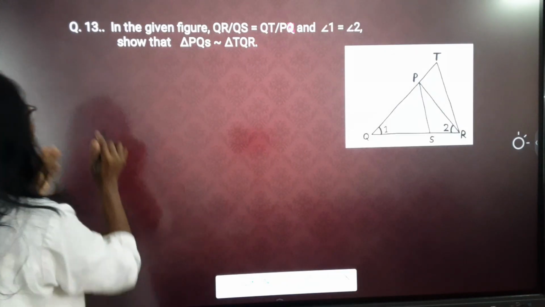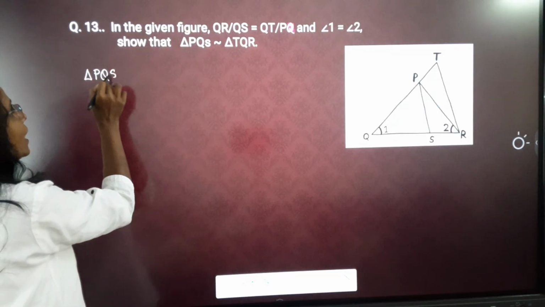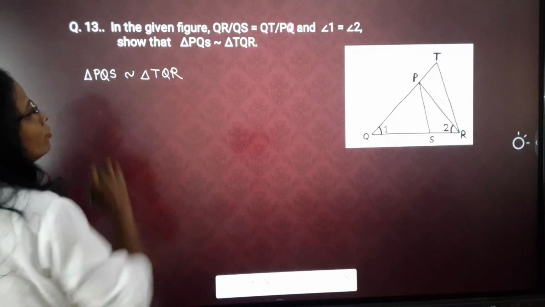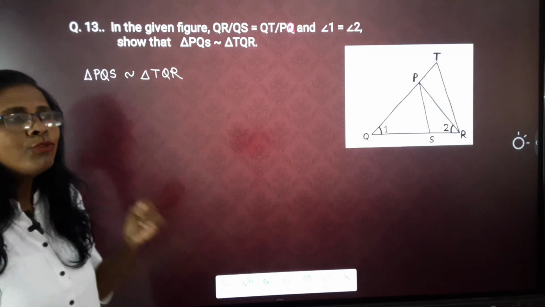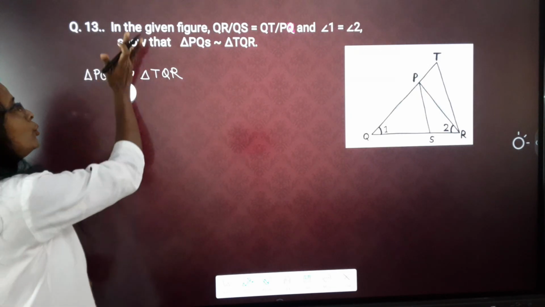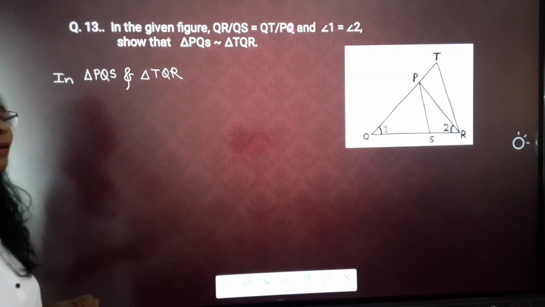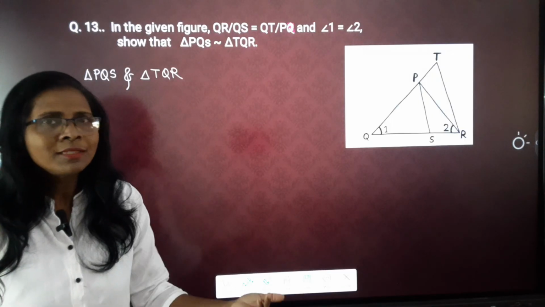So now here students, we have to prove that triangle PQS is similar to triangle TQR. That means students, we have to take these two triangles, triangle PQS and triangle TQR, and in these two triangles, which two components are congruent?